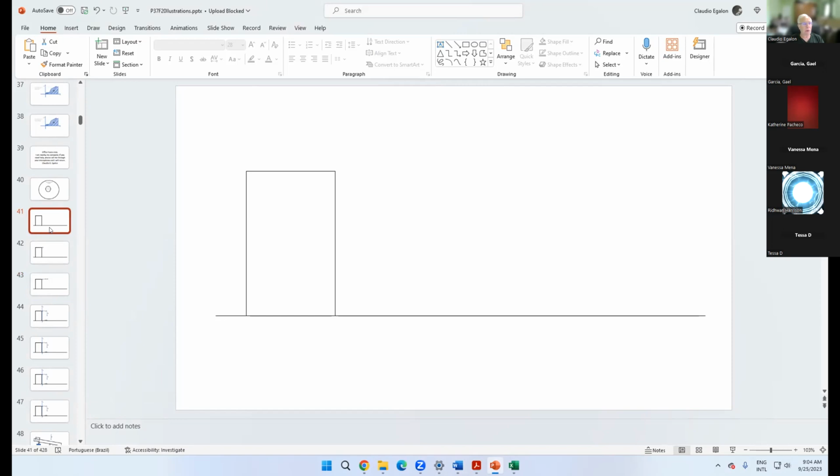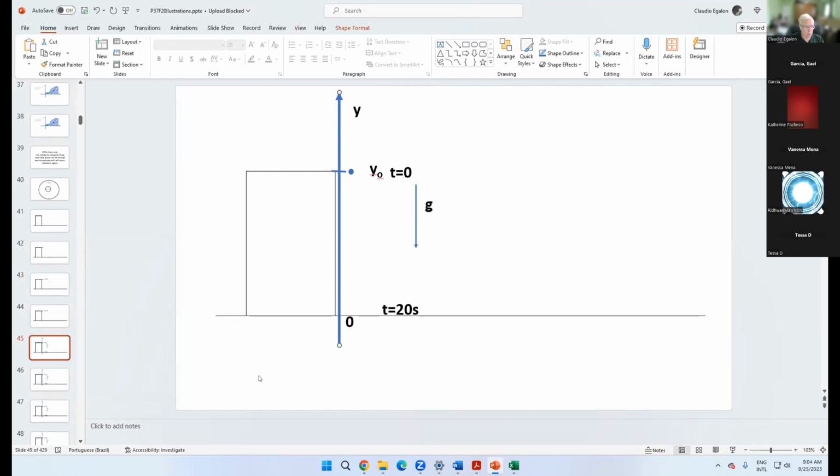The medium can be paper, can be electronic medium, whatever. We illustrate the object, we put the initial conditions, and the next step would be to put the axis of motion like we have right here.